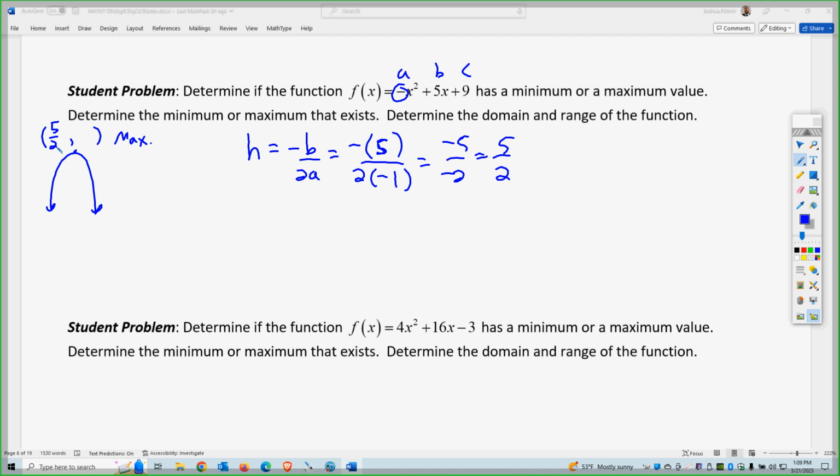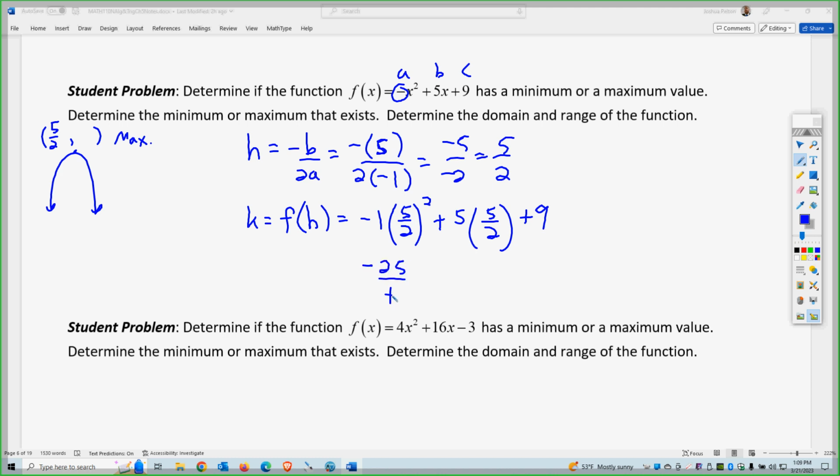Okay, so k equals f of h. So we have negative 1 times 5 halves squared plus 5 times 5 halves plus 9. Okay, so that's going to be negative 25 over 4 plus 25 over 2 plus 9.